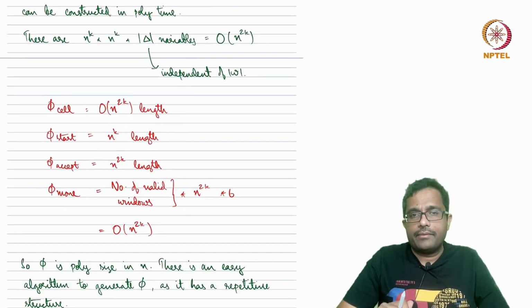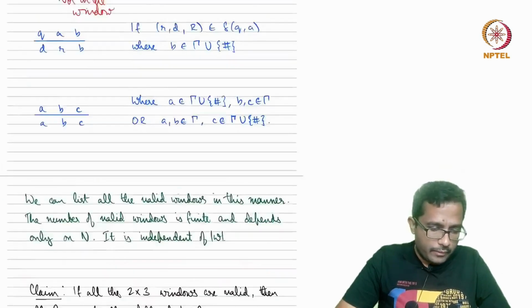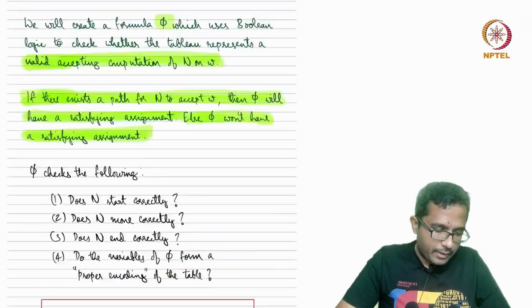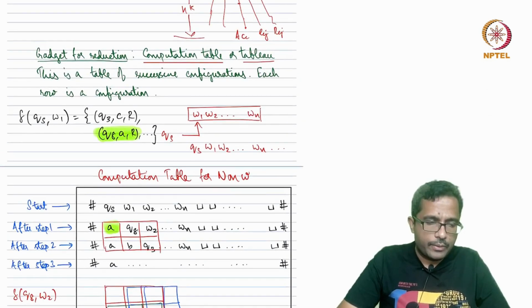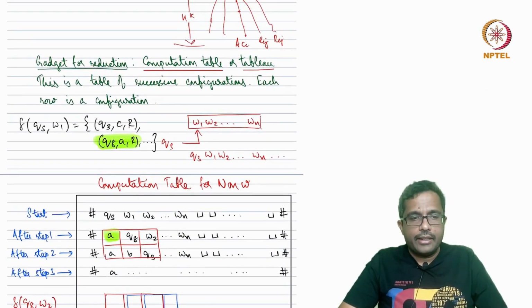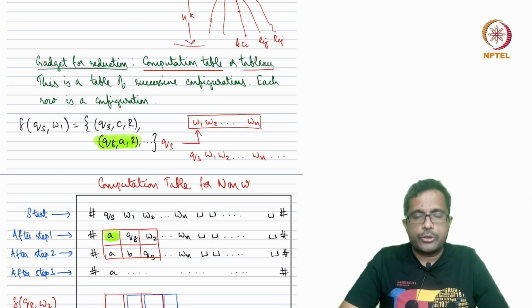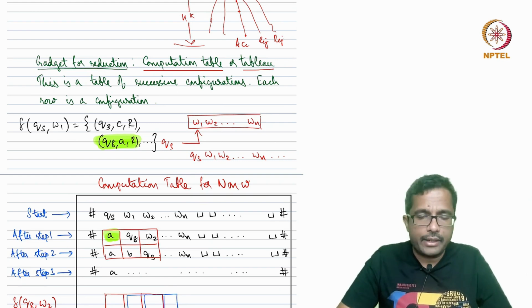SAT is NP complete. So the reduction part: we took an arbitrary language A that is in NP, so we assumed that there is a non-deterministic Turing machine N that decides A, that runs in n power k time.